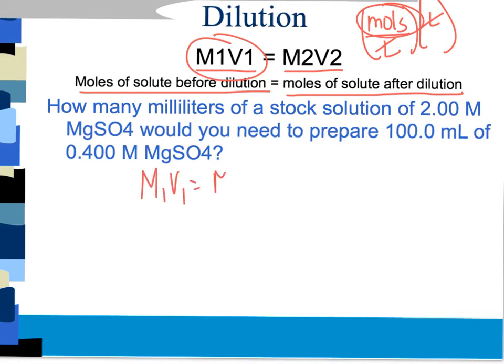All right? So we're going to go ahead and set up the equation. M1V1 equals M2V2. As you're reading the question, you can start placing the variables where they belong. This is similar to the P1V1 gas law equations that we've done with the ones and the twos, like the before conditions and the after conditions. It doesn't necessarily matter which set of data you designate as your ones or your twos, just as long as they are paired up correctly.